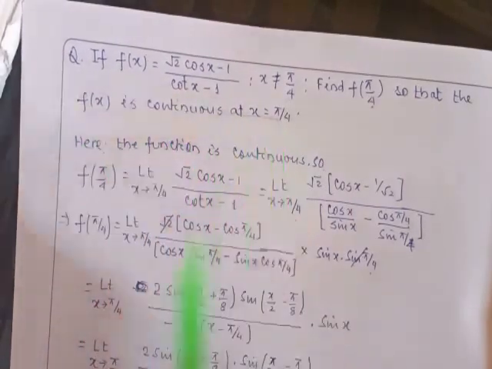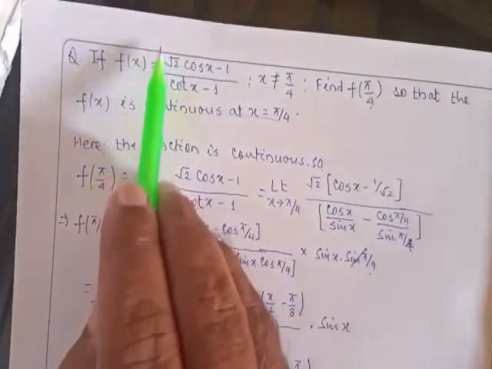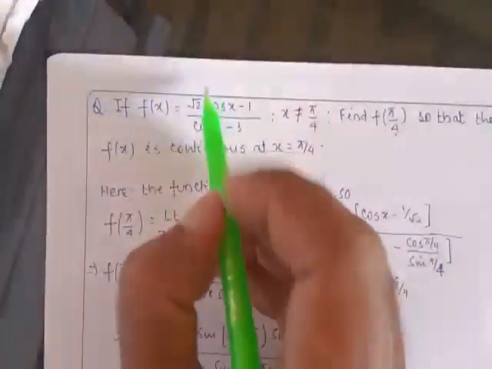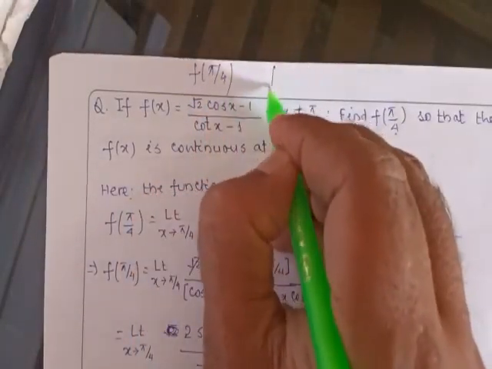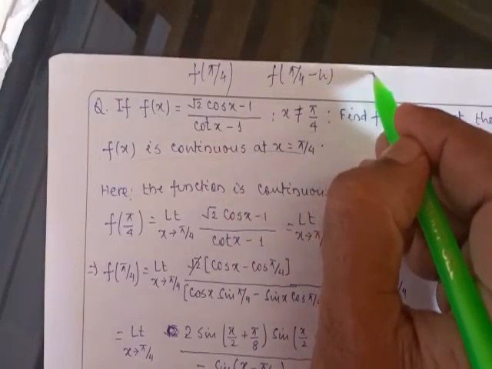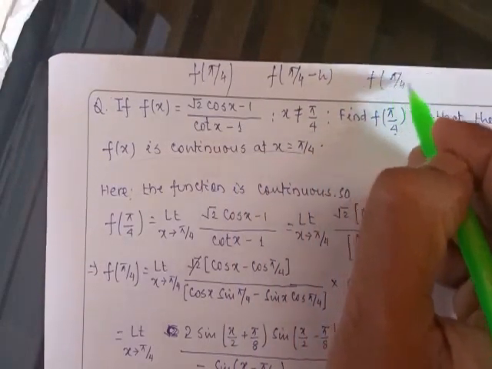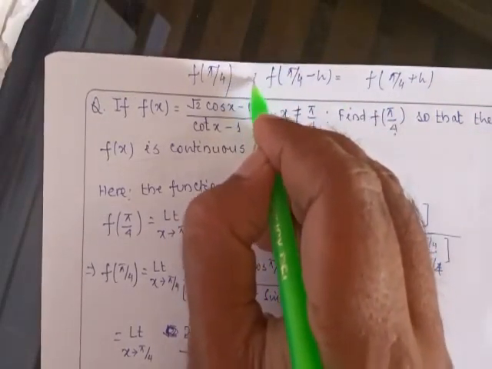So for continuity we should have three values: one, f(pi by 4), another f(pi by 4 minus h), and finally f(pi by 4 plus h). In both cases the limit should be h tending to 0, right?